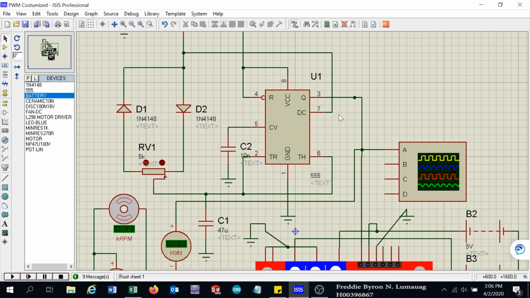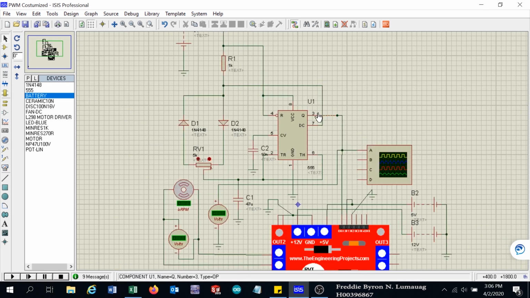But for this setup, we will see how much is the frequency of this circuit, and we will use this output from Q, the output of the 555 timer, which is being supplied to the enable terminal of the motor driver.